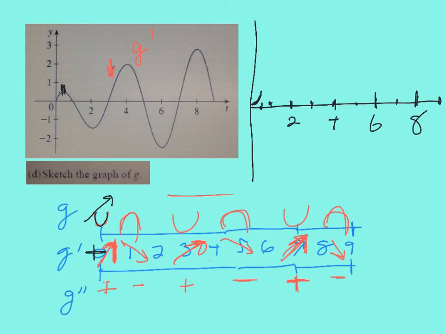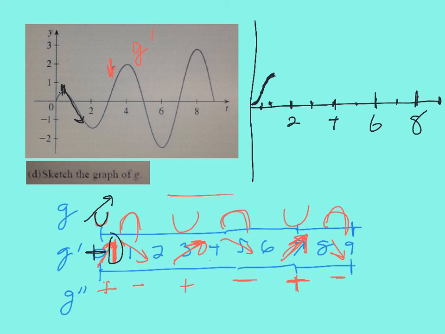We're still positive numbers, so we're still going up. But 0.5 was a point of inflection. And we can see now that the graph is decreasing. That means we're concave down. So from 0.5 to 1, we're concave down, but we're still in the positive numbers.